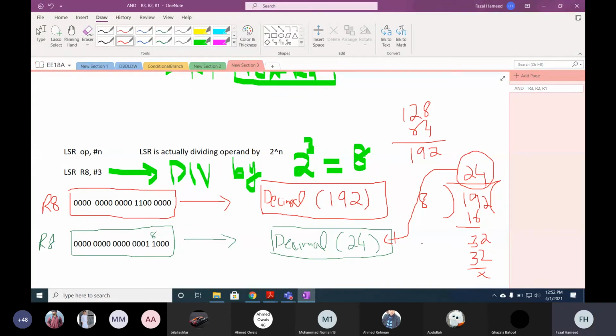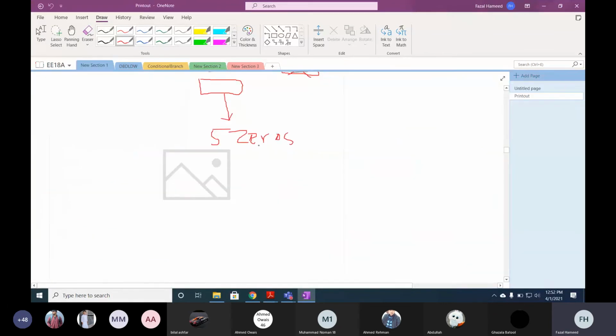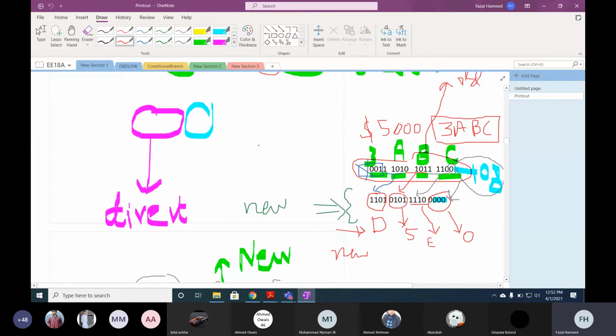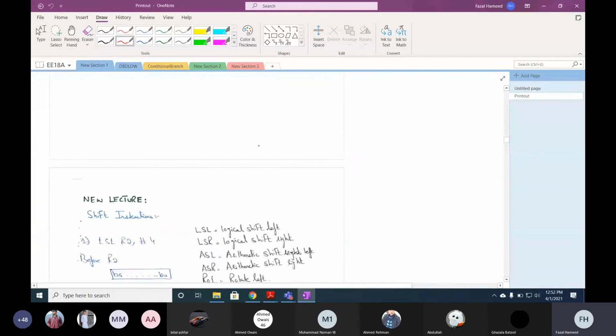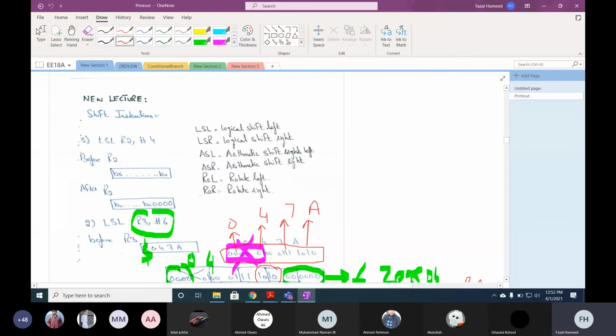Any question? Okay, now we studied the logical shift left and logical shift right. Then what is arithmetic shift left and arithmetic shift right?